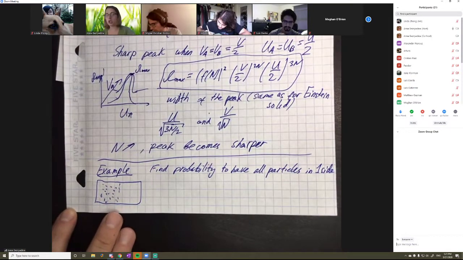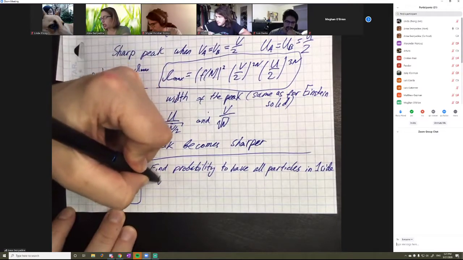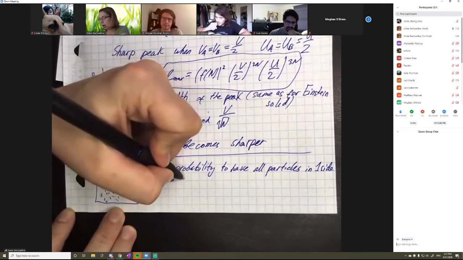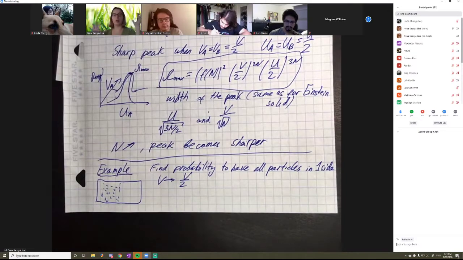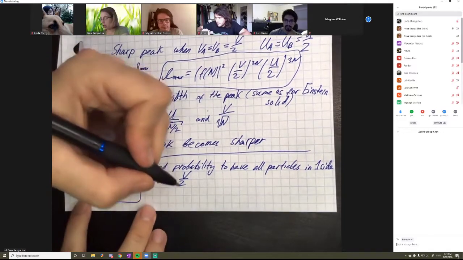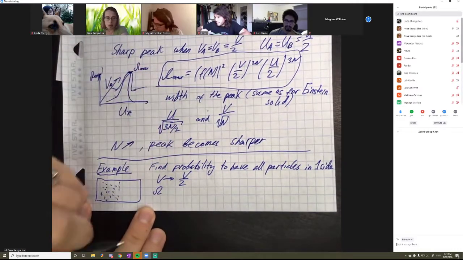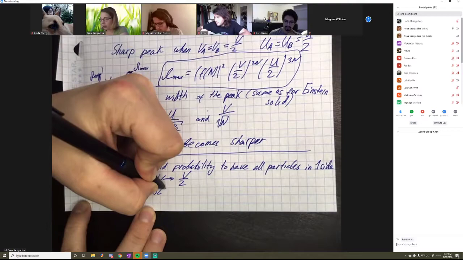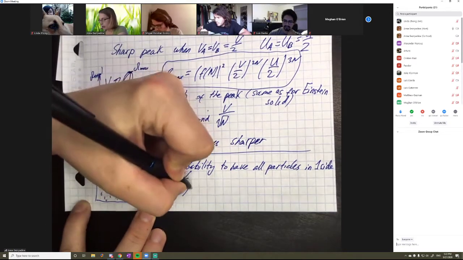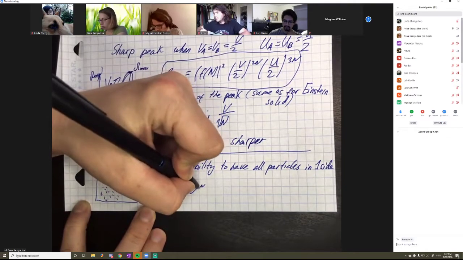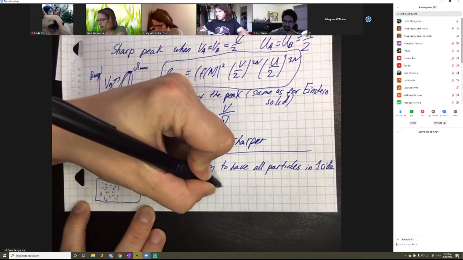Okay. So we can look at the situation where our volume becomes half of the volume, yeah? We want to compare the situation where we have one volume, and now we're looking at half of the volume. So our multiplicity for volume V is f of n, V in the power of n, U in the power of 3n over 2.